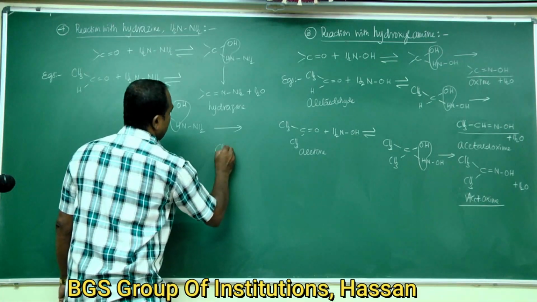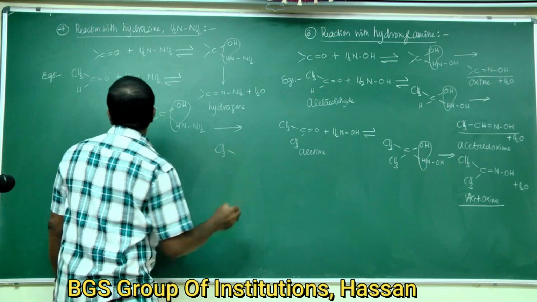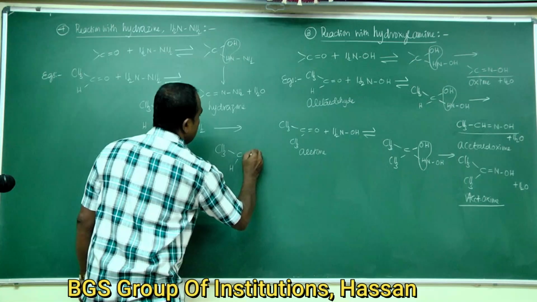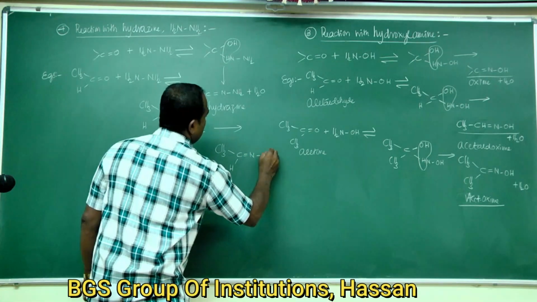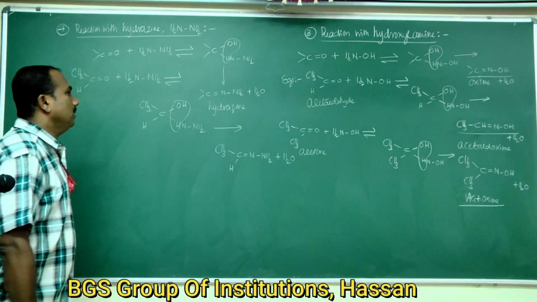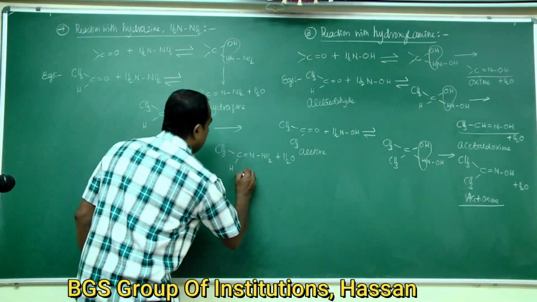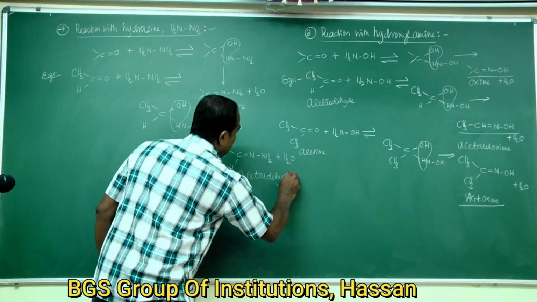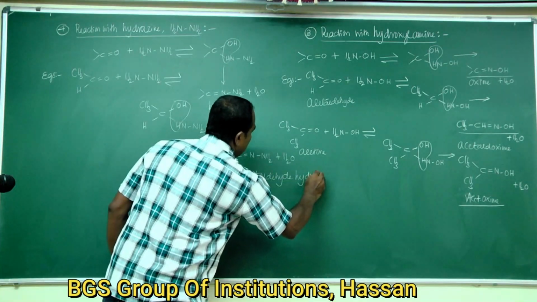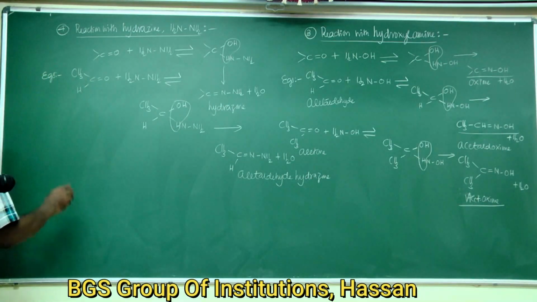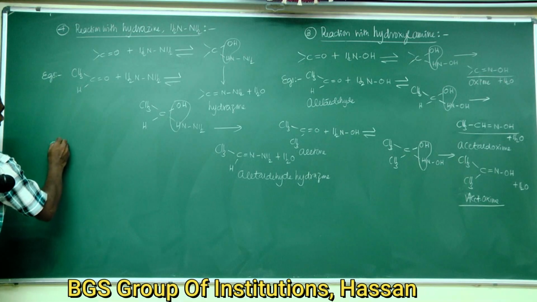The product formed is CH3CH double bond N connected to NH2 plus H2O. This is acetaldehyde hydrazone.